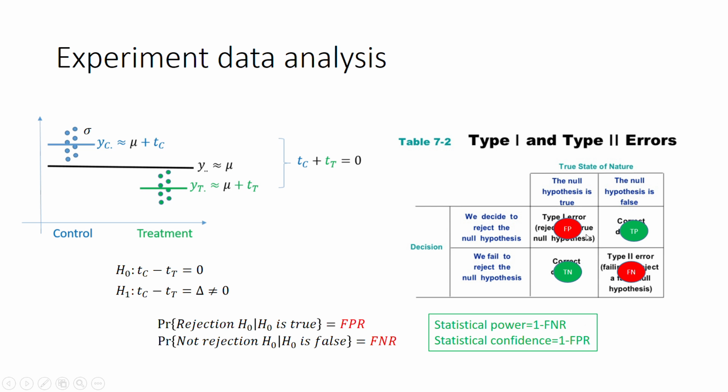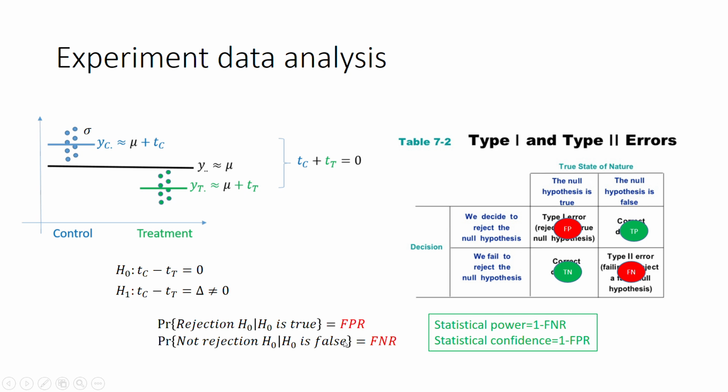So this is typically alpha, and 1 minus alpha is the statistical confidence. And these alpha and beta have to be understood as this: it is the probability of rejecting the null hypothesis when the null hypothesis is true, or the probability of not rejecting the null hypothesis when the null hypothesis is false.